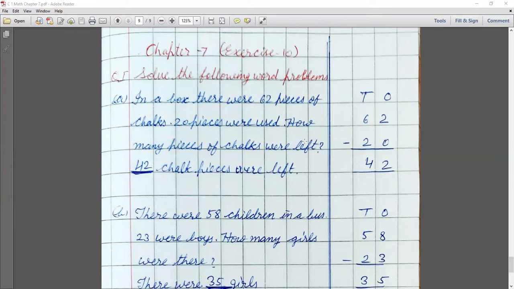So again we write 62 and 20. What do we do? Yes, we start from one side. So 2 minus 0 is equal to 2. That's why we write 2 here. And 6 minus 2 is equal to 4. 42. 42 chalk pieces were left.